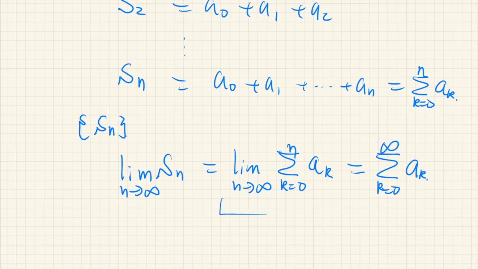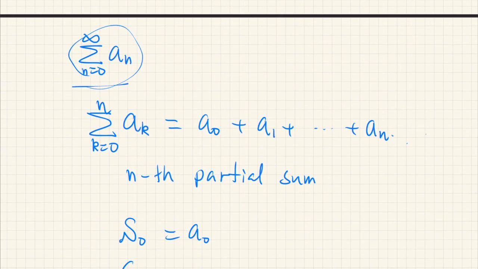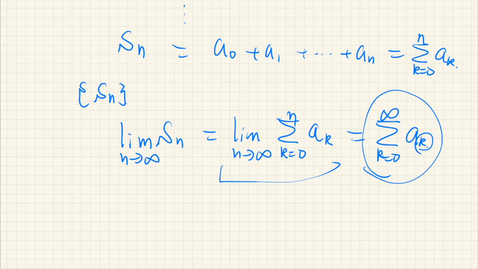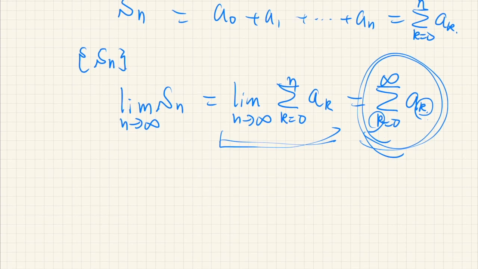So if this converges, then this is the series. Here we use n for the index, and here we use k for the index, but it doesn't matter, it's just an index. So it's a bound variable, so to speak. If this converges, then this is the value of the series, and we say this series has a sum, or the series converges.